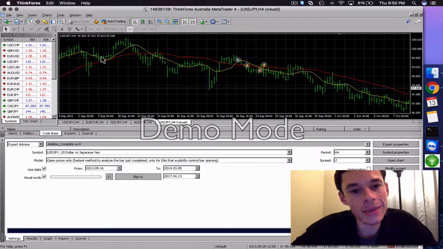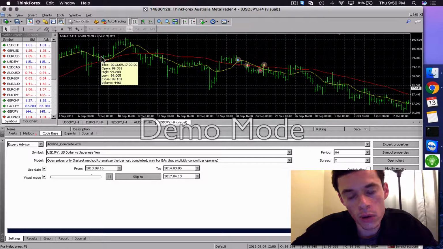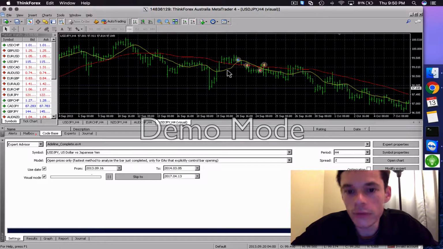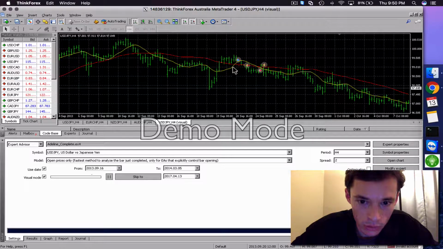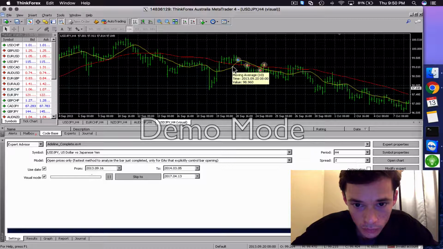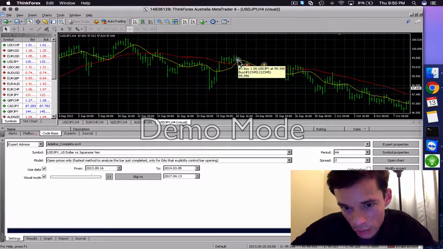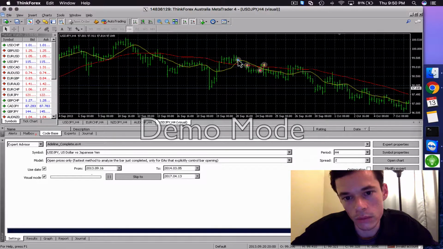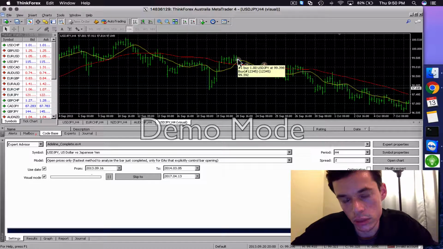So when the SMA 10 crosses the SMA 40 from the bottom, you'll see right here, the SMA 10 crosses the SMA 40 from the bottom, you can see this little blue arrow, and it says right there, buy $1 USD Japan. We enter a long trade, meaning that we buy the Japanese yen.